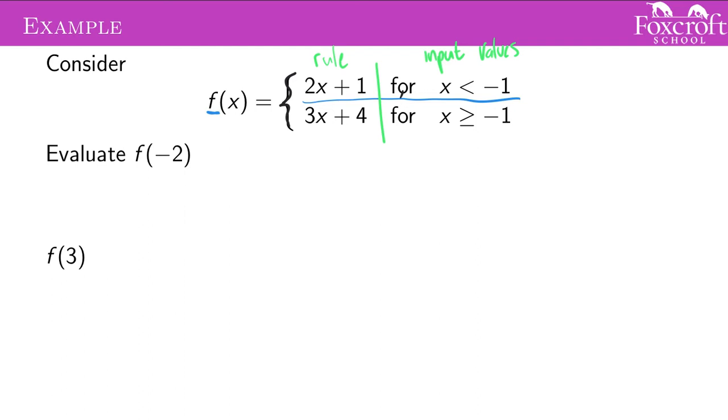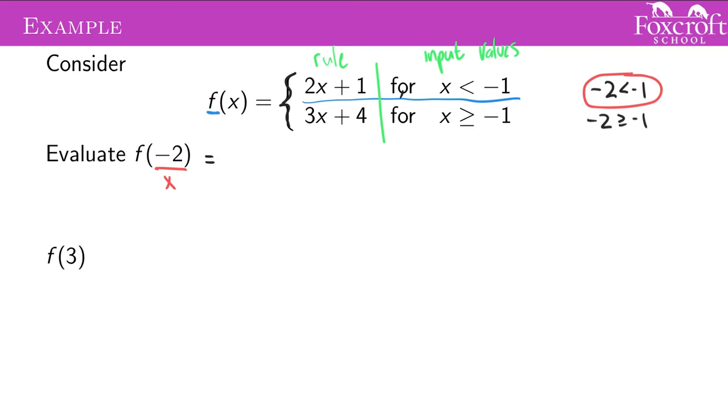So if I want to evaluate f of -2, remember this is what that means. I want my x value to be -2. I just need to figure out the correct rule to use. So I need to figure out which category on the right-hand side this fits into. Is -2 less than -1, or is -2 bigger than or equal to -1? I just need to figure out which one of those is true, and then that's the rule I'm going to use for -2. And of course, -2 is less than -1.